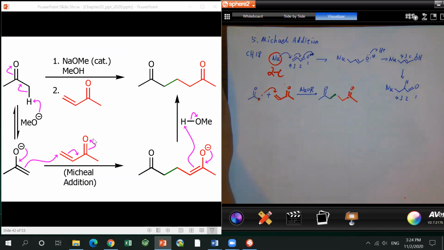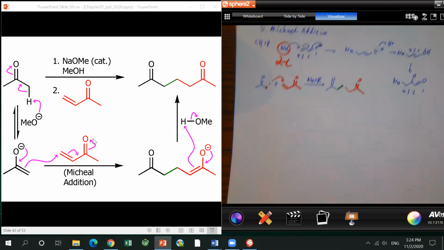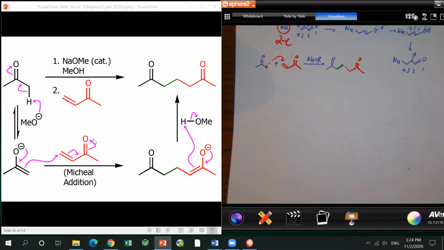For this reaction, the reaction mechanism is also required. One way is shown on the PPT file, and here I will show you another way to do it.